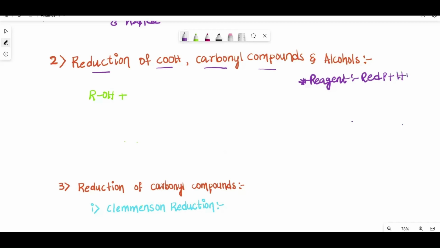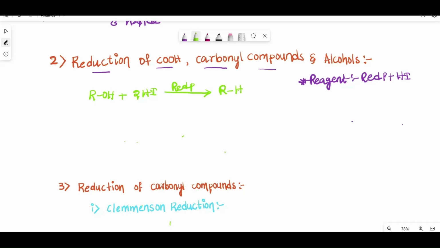This is the strongest reducing agent. So it can reduce all these groups, acids, carbonyl compounds, and alcohols. It will reduce all these groups. 2HI, red phosphorus. You will get alkane.